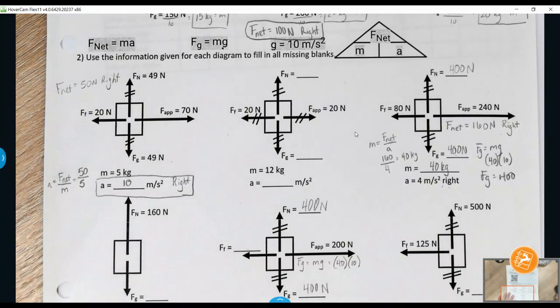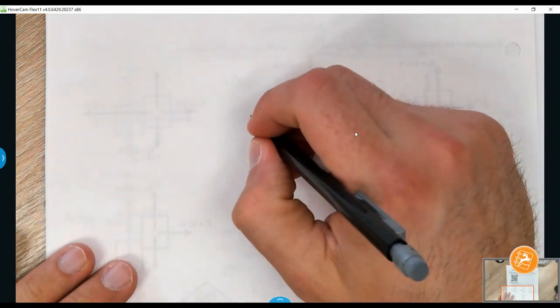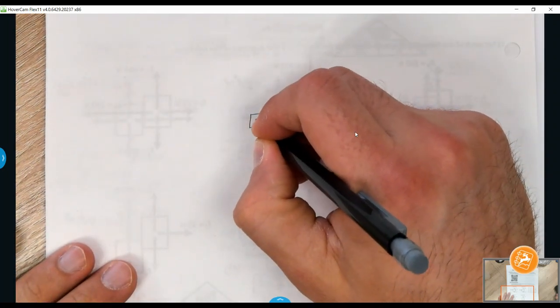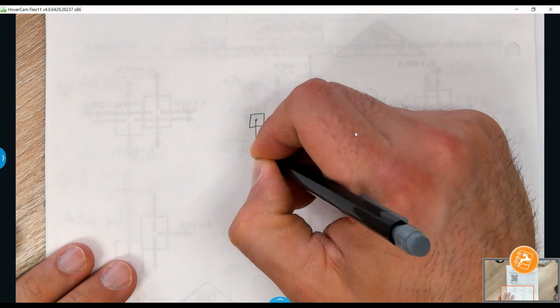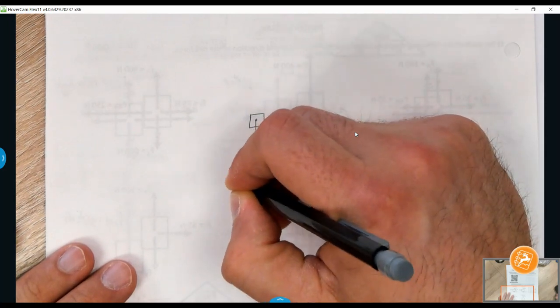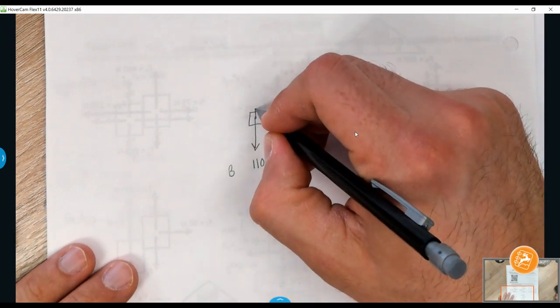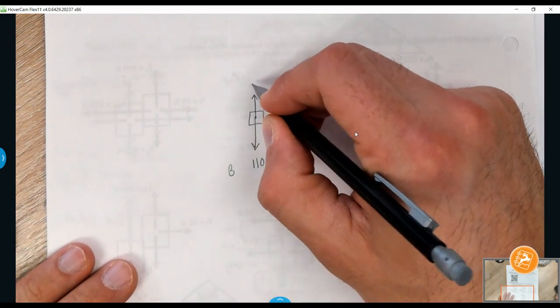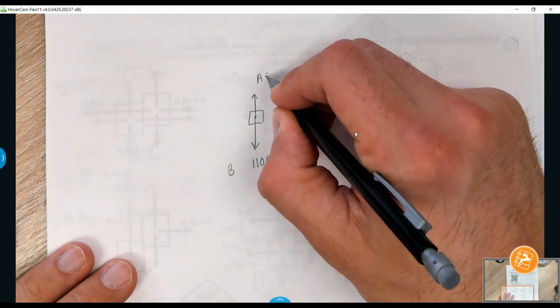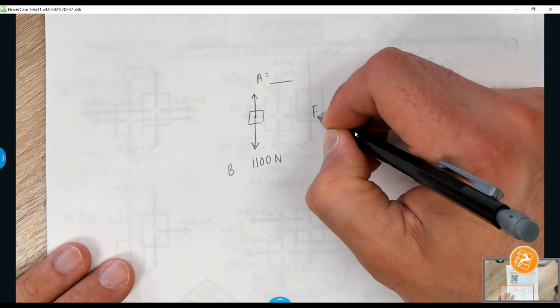My answer to that would be, do you guys remember last week when we had a drawing that looked like this? And they said this was letter B, and it's 1100 newtons down. What does A need to be in order to make this statement true?